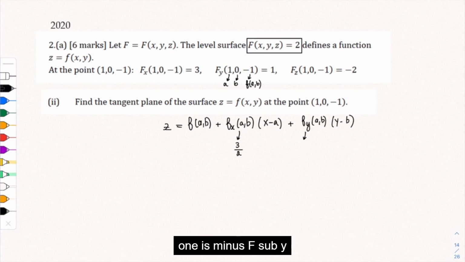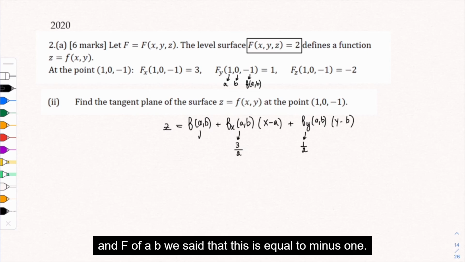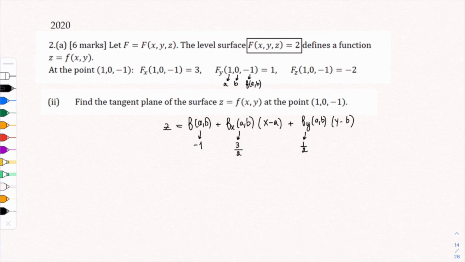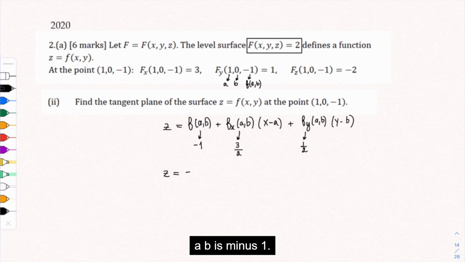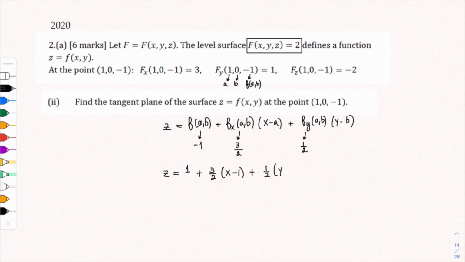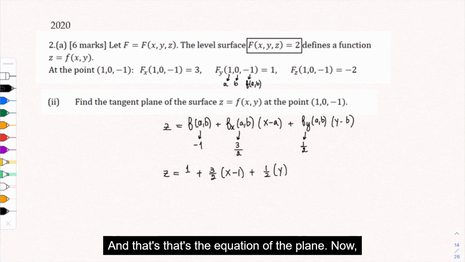And this one is minus f sub y over f sub z, which is 1/2. And f of (a,b), we said, is equal to minus 1. So z is equal to minus 1 plus 3/2 times (x minus 1) plus 1/2 y, and that's the equation of the plane.